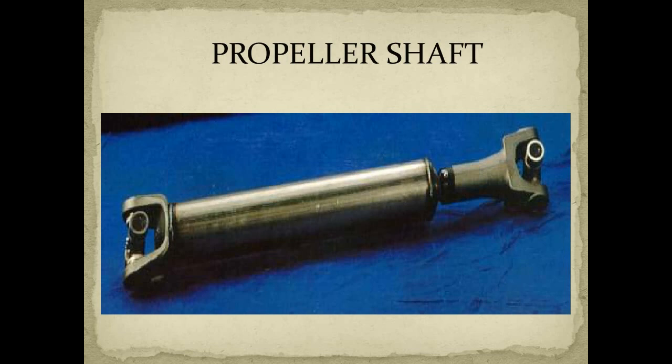The propeller shaft transmits rotary motion of the transmission output shaft to the differential, causing the rear wheel to rotate. At high speed, whirling of propeller shaft causes bending stress in the material.